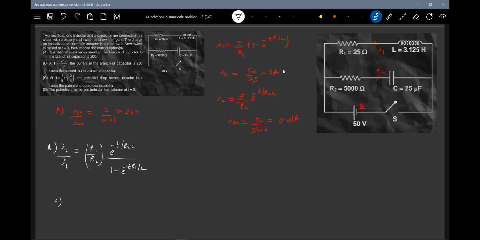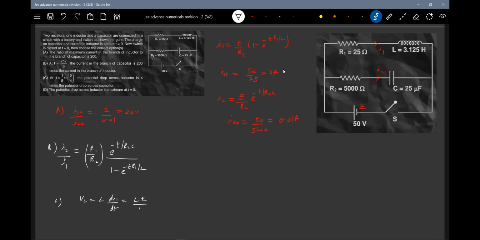Option D, the potential drop across the inductor is 4 times the potential drop across the capacitor. Potential drop across the inductor will become L di by dt. Differentiating this, okay, we'll do one thing. Potential across the inductor first. I think it's pure calculation based.